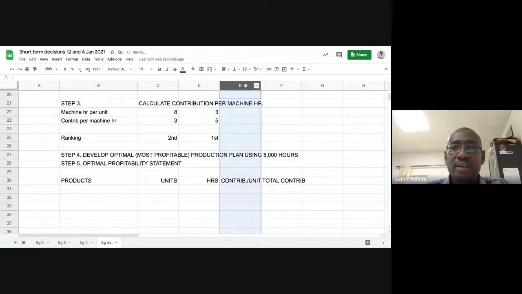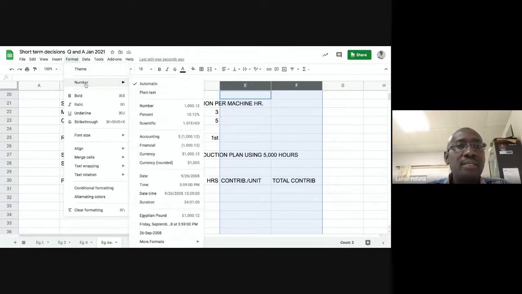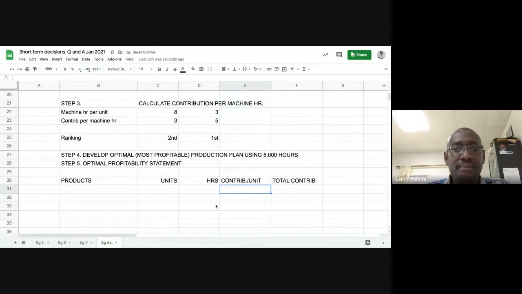I'm going to add these columns and expand them a bit. Since they will have monetary units, let me format them to take numbers with a 1,000 separator, but no decimal place.